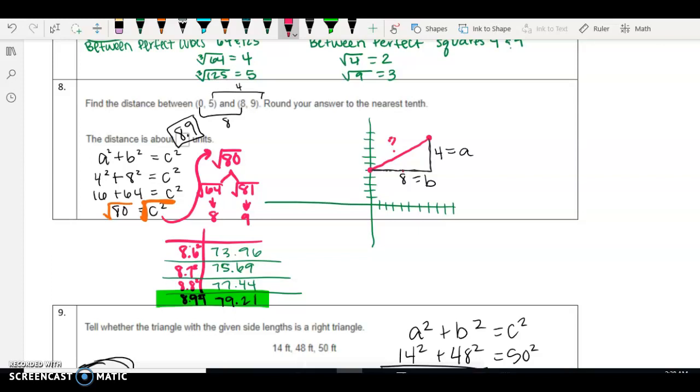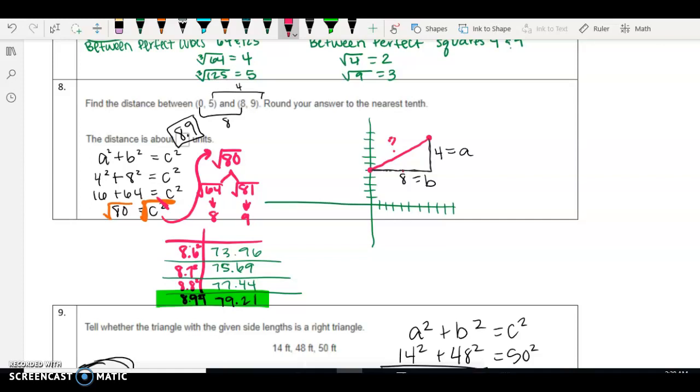We just care that we're looking for c. So a squared is going to be 4 squared plus 8 squared equals c squared. And so 16 plus 64 equals c squared. Take the square root of both sides to cancel out that exponent, and we get the square root of 80.